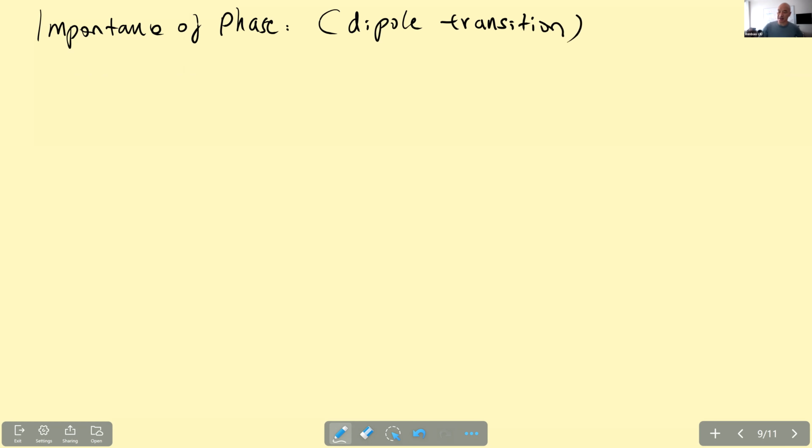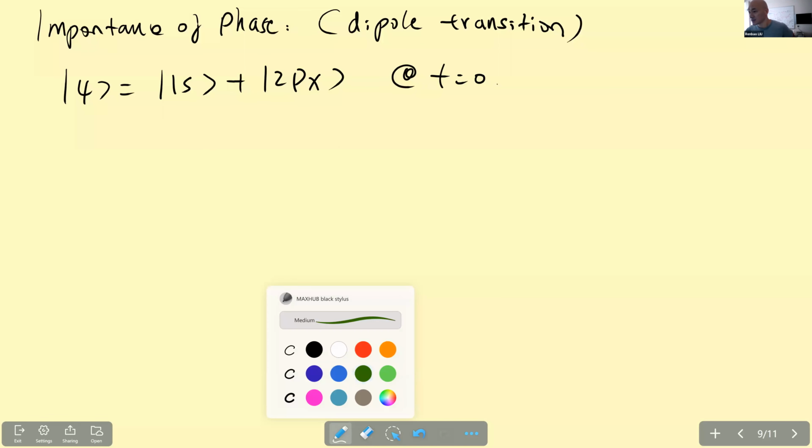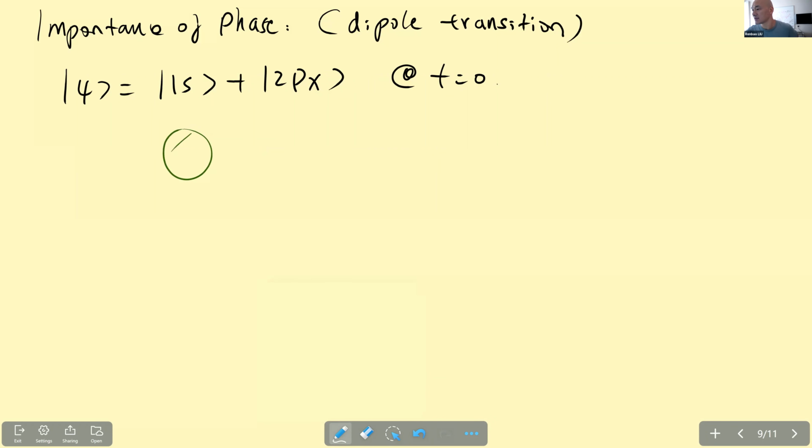Let's consider the state psi equals, for example, 1s plus 2px at t equal to 0. So let's look at this state first. This one, of course, is very simple. It's just a circle, positive. And for this one, you have two parts. This is positive.